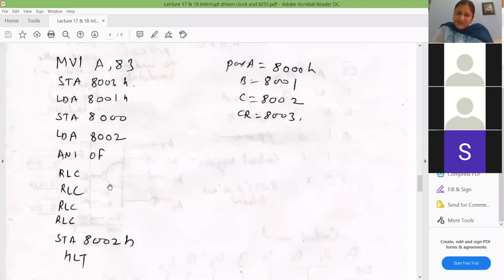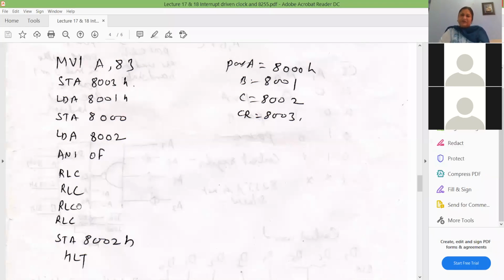Then the same status I have to put on port C upper. That means PC0 should go to PC4, PC1 should go to PC5, PC2 should go to PC6, and PC3 should go to PC7. To get this, I am rotating left without carry 4 times. Why 4 times?